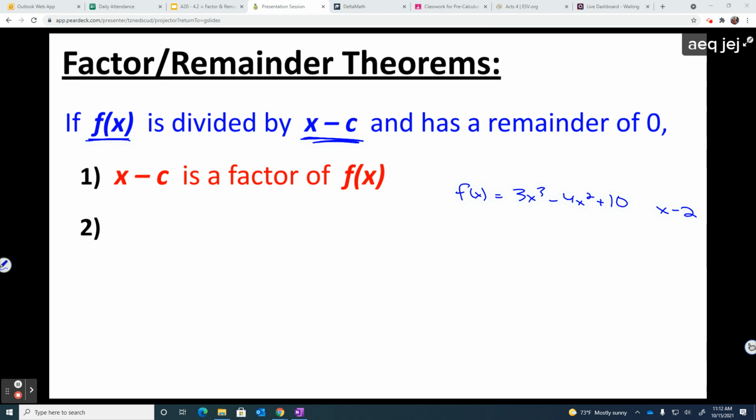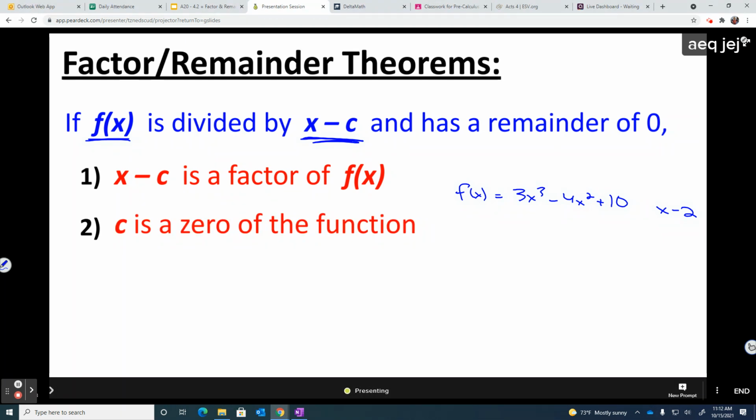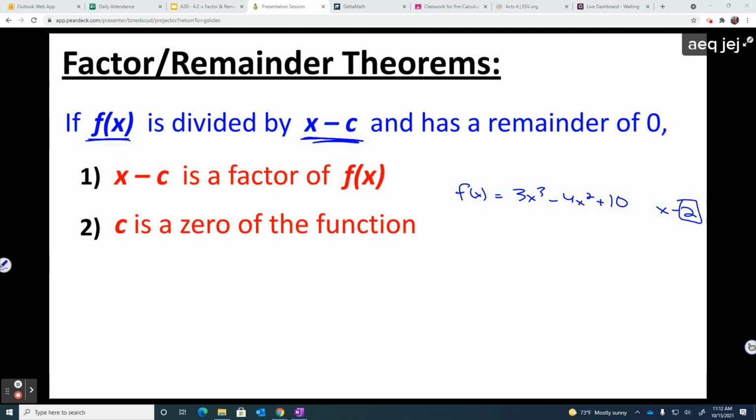In addition, if this is a factor of the function, then we can also say that whatever that number is, in this case 2, would be a 0 of the function as well. So that factor is a factor of the function, and then the number, we call c, is a 0 of the function.